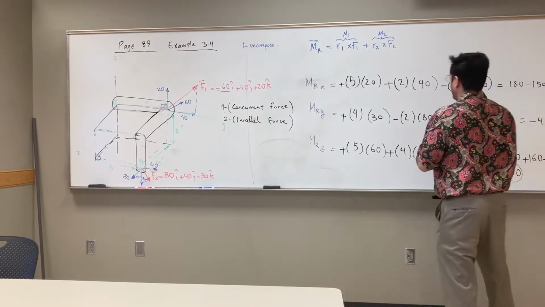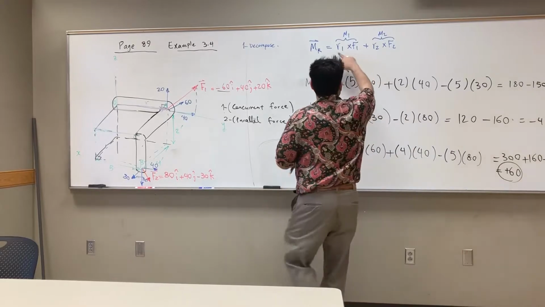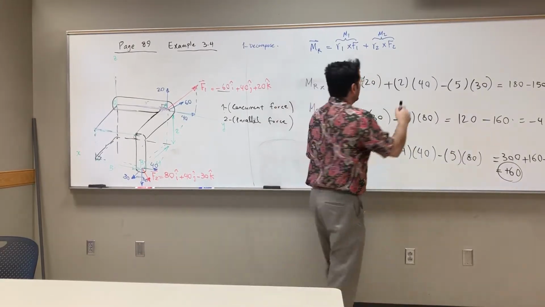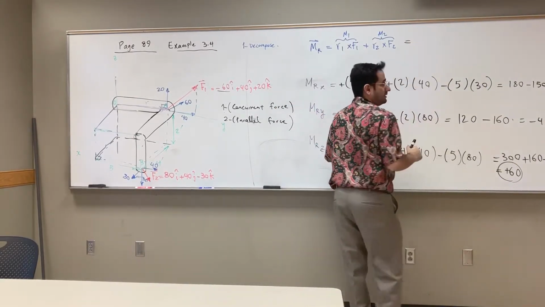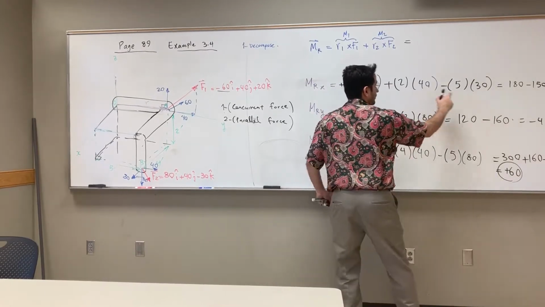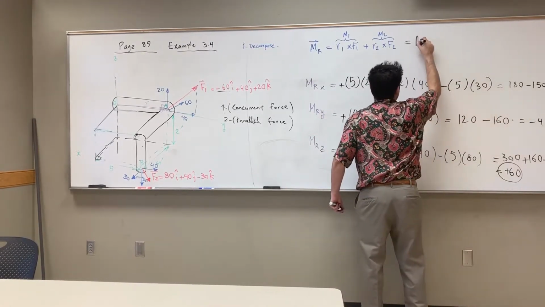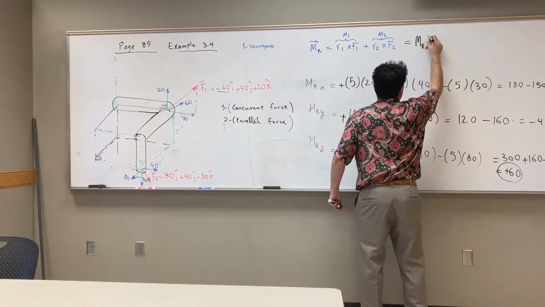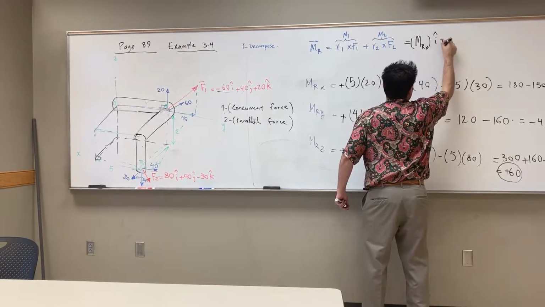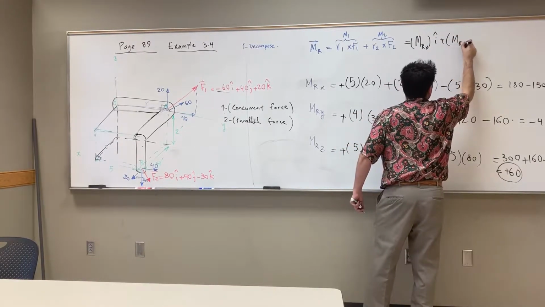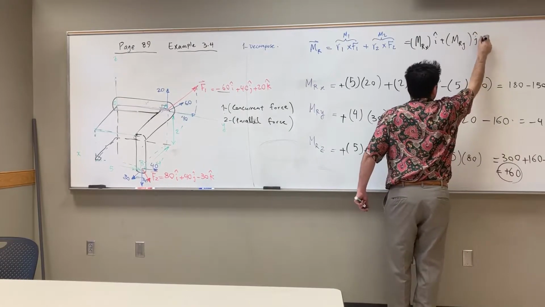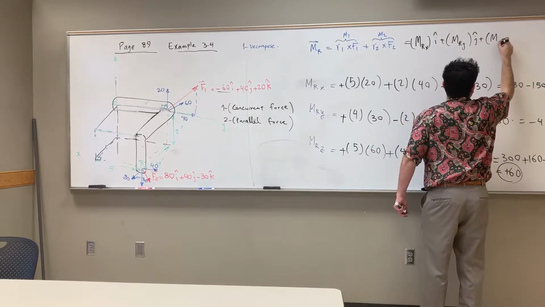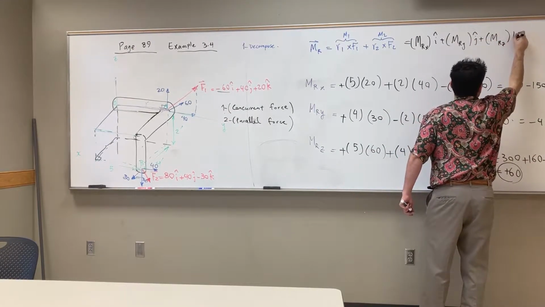Right? So, if I want to write the resultant moment, I would say this is equal to the resultant moment in the x direction i, plus the resultant moment in the y direction j, plus the resultant moment in the z direction k.